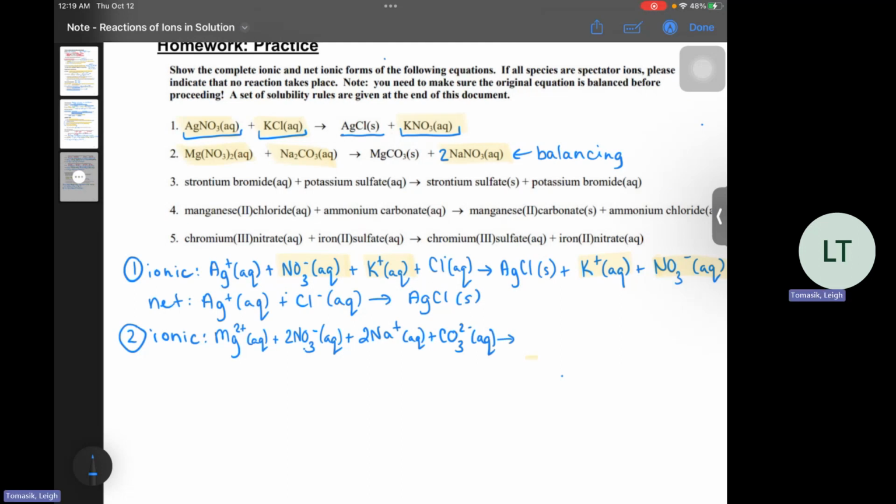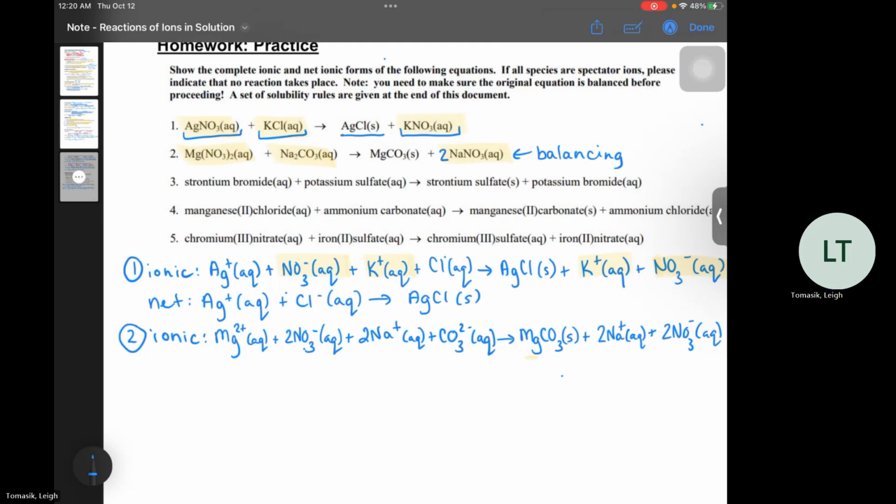Then we have MgCO3 solid because it's the precipitate plus 2Na plus aqueous plus 2NO3 minus aqueous.